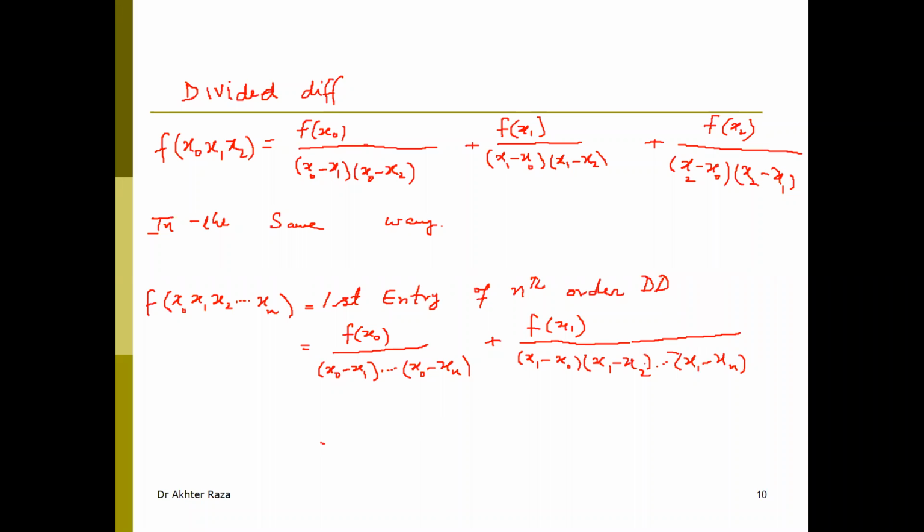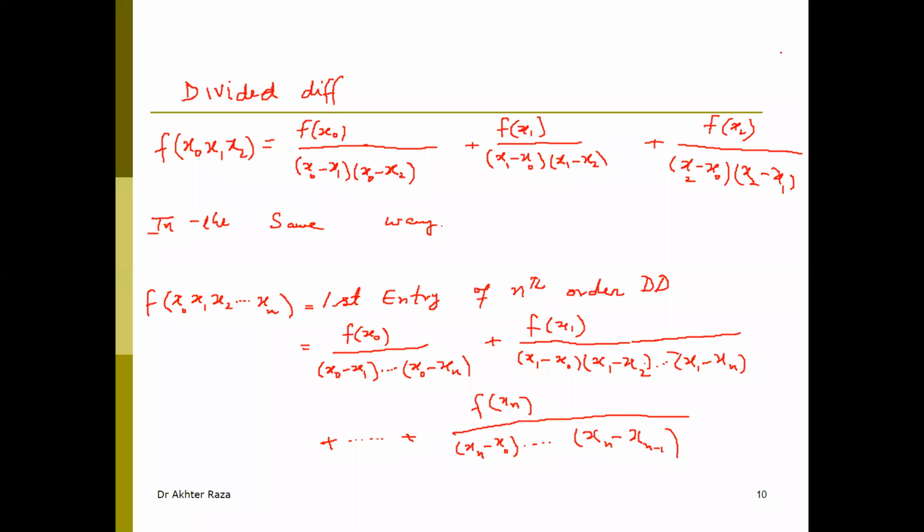In the same way we proceed, and the last term will be f(xn) divided by xn minus x0, all brackets except only xn minus xn, up to xn minus xn-1. So this is called the first entry of the nth order divided difference.